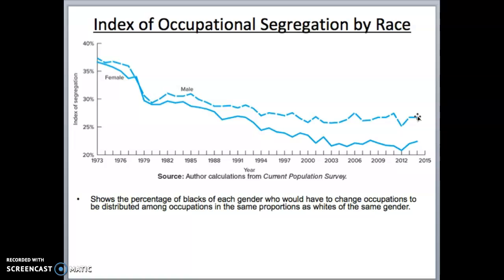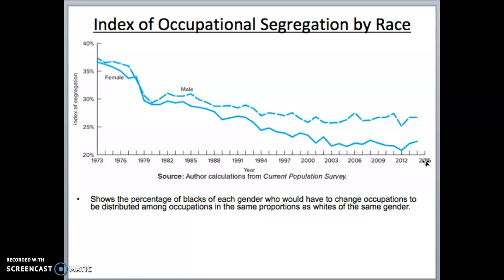I think with race, it's a little bit more of a concern because we wouldn't expect to see that many different choices voluntarily across races in terms of occupations as we would with gender. So getting these numbers down is usually perceived as something positive. But the numbers are lower to begin with, right? If we're around 20% today, that means you would have to move 20% of blacks across occupations to get them to equate with whites.